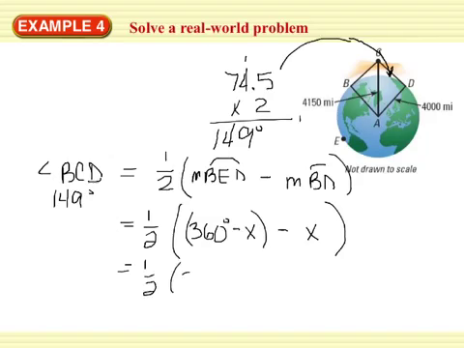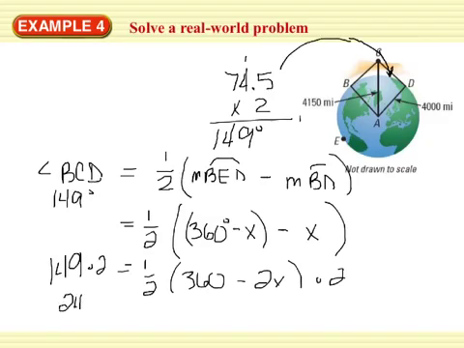So 149 equals 1/2 of 360 minus x, minus x. Get rid of that 1/2 by multiplying both sides by 2. 149 times 2 is 300 minus 2, which is 298.